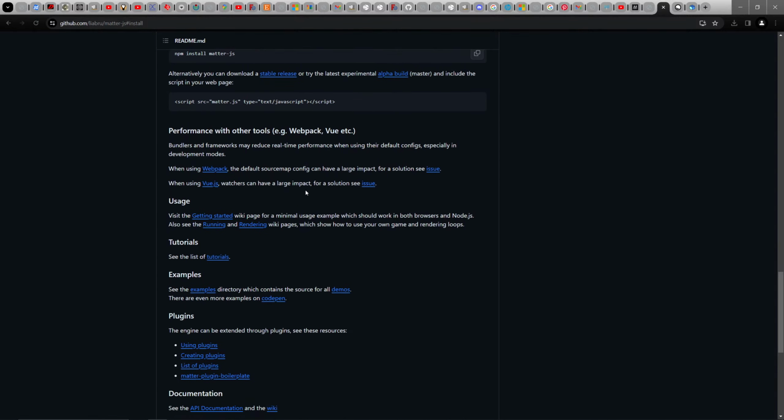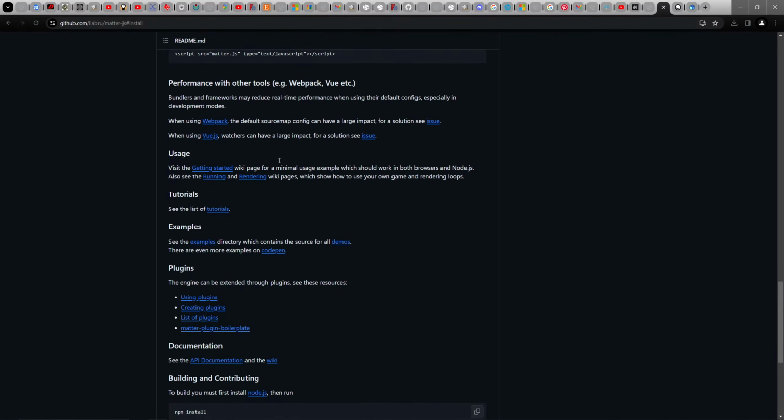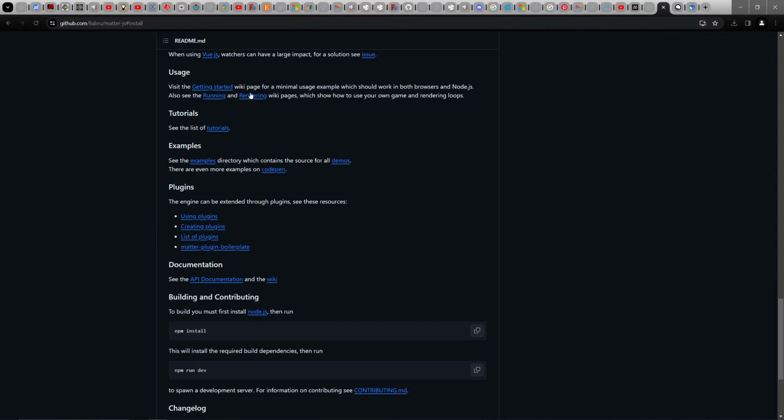And it's smaller actually, so I was surprised. Founders and frameworks. Usage. Getting started. Minimal usage example. Works in both Node and browsers. Running and rendering. Game and rendering loops. Okay.